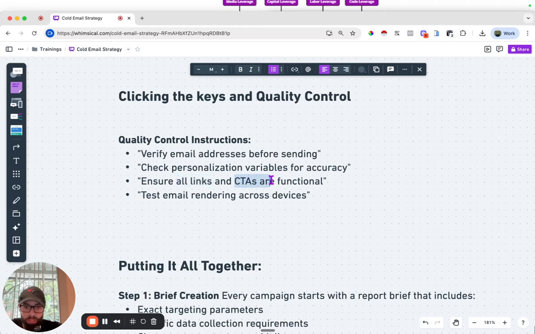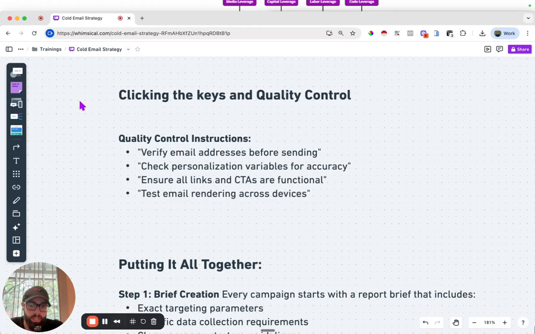From there, you want to make sure that your CTAs are functional as well. So if you do have a call to action, you want to make sure you're able to deliver on it. And then finally, just test the email, send it to a couple of your email addresses if you do have a couple burners. And lastly, when it comes to QA, you might want to see how the emails show up on a phone or on a web browser.